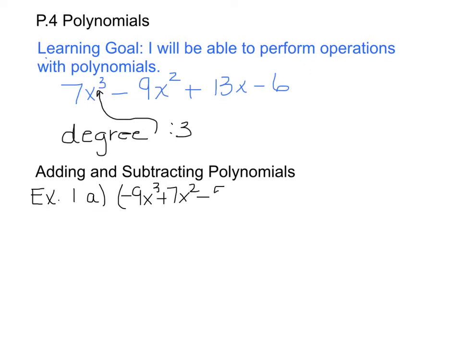And when we add and subtract, you want to make sure that you combine like terms. Let's write this out. Okay, so all we're doing is combining like terms.